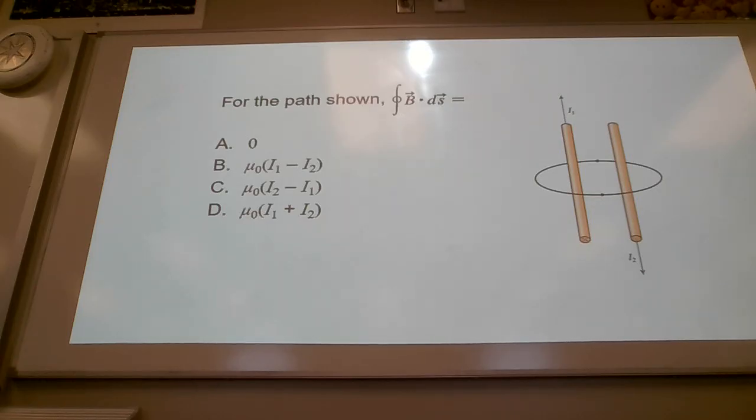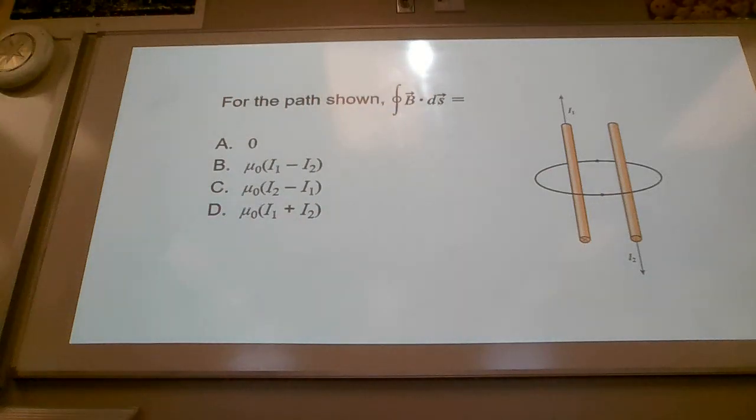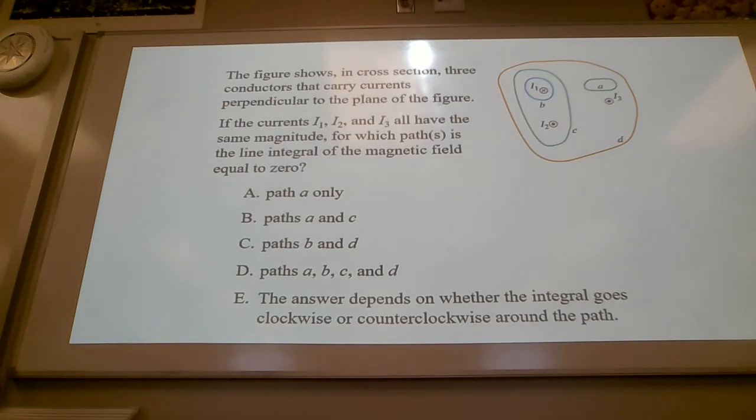Tell your neighbor. There we go, B. This black loop going up, that's positive. Up's positive. Tell your neighbor.